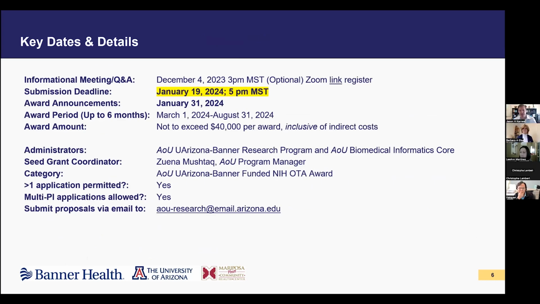So here are key dates, and we recognize first and foremost that this is a bit of a time crunch. Sending out RFAs recently and asking for a January 19th submission deadline is an ask, especially considering that this is over the holidays. We recognize this, and beyond apologizing for it beforehand, there's not much we can do.